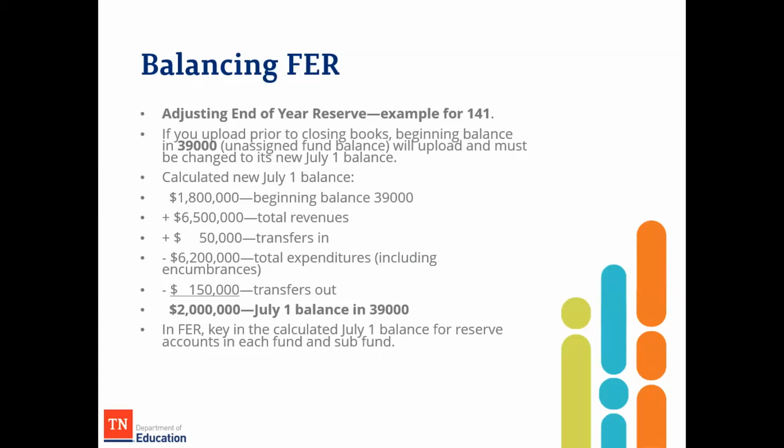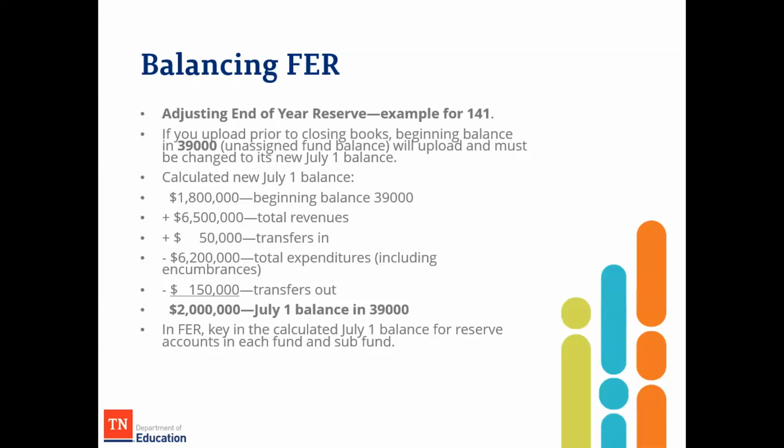And we're going to subtract out all of our total expenditures, including encumbrances. So we're going to subtract those, and we're going to subtract any transfers out. So in this example, our new July 1 balance in $39,000 will be $2 million. And you will use this same calculation for all your reserves.